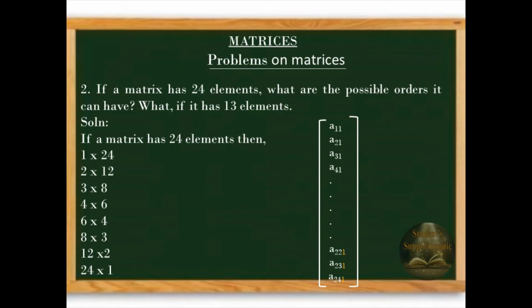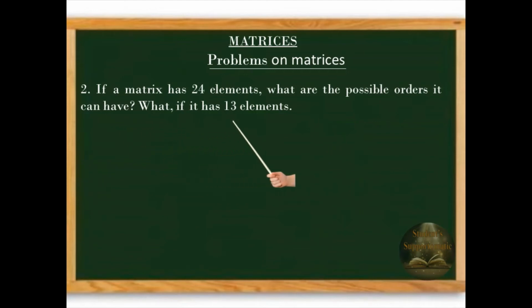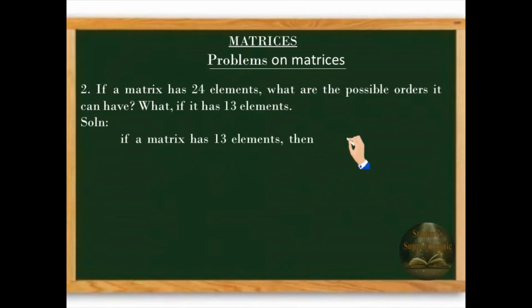Now we will go for the next part. What if it has 13 elements? If a matrix has 13 elements, the possible orders of the matrix are, we have to get 13 as a product. There are only two possibilities, because 13 is a prime number.